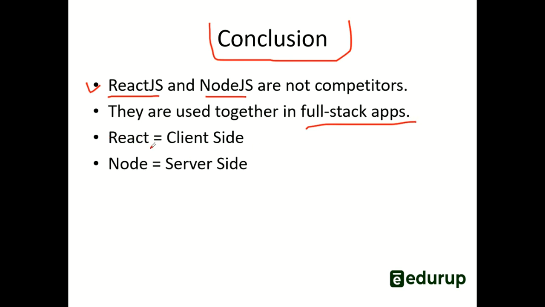React is the client side and Node is the server side. Client means front end, server means the backend part. So now you know how React works, how Node.js works, what React is, what Node.js is, and how they work in real-time examples. All this you learned in this session.